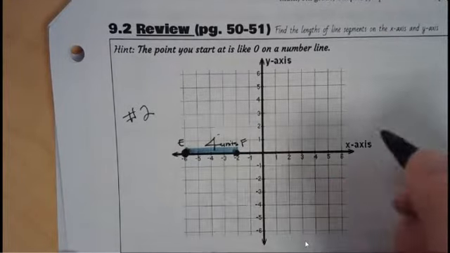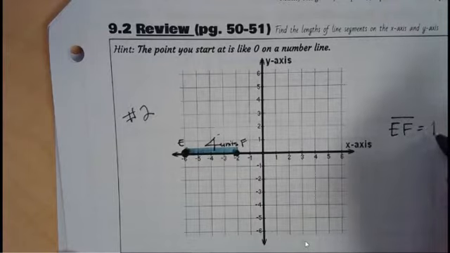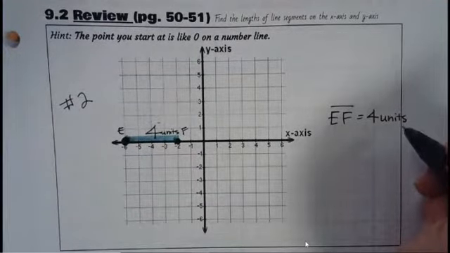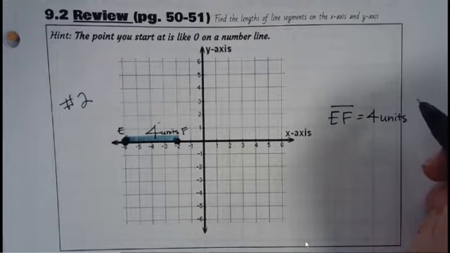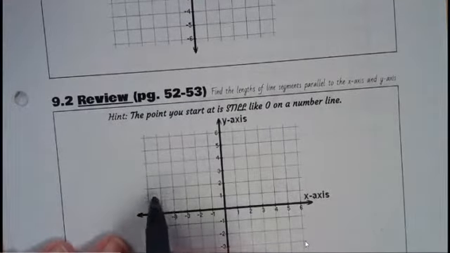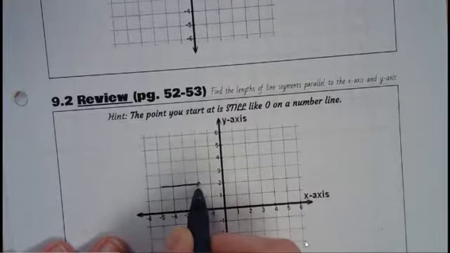If it gave me an actual measurement, then I would write in what that measurement was. Okay, and then it would be the same if I had a line that was parallel to either the x-axis or the y-axis. So let's say I had a line that was here at (-5, 2) and (-2, 2).